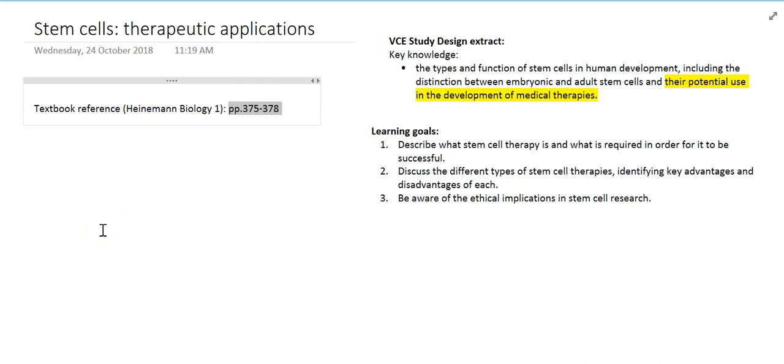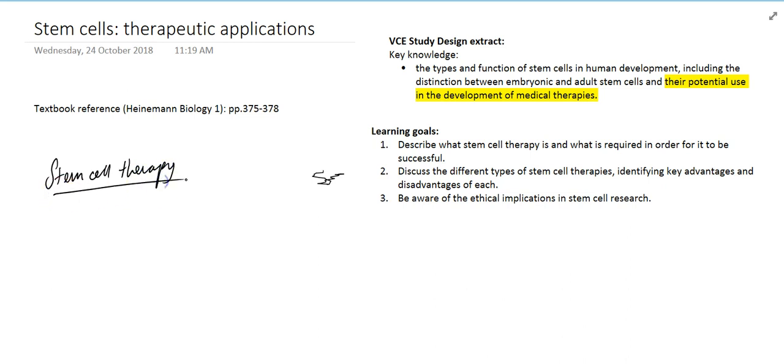So stem cell therapy, it's probably useful to define what it is. Stem cell therapy, what is it?